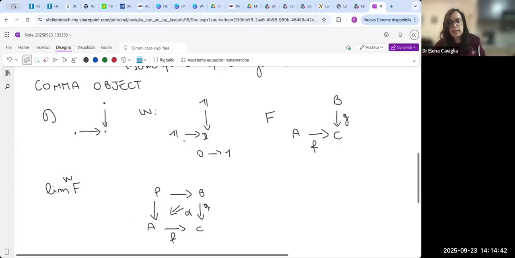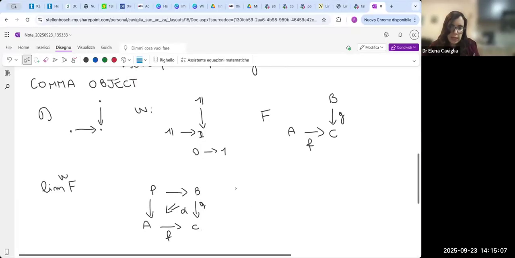And this two cell is given by the fact that here we have 2, right? So our weight has a 2 here. So we get a 2 cell inside the square like this, alpha. And then we have that this is a universal such 2 cell, such square. And so what we get is a one-dimensional universal property.